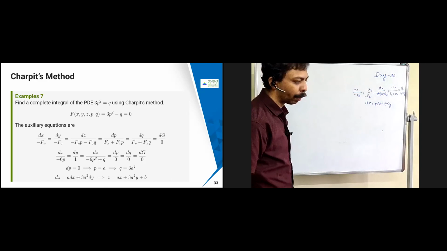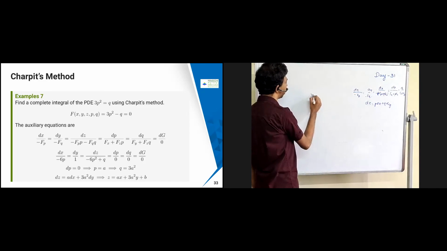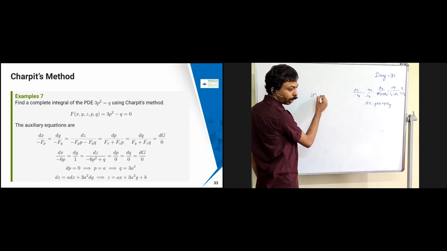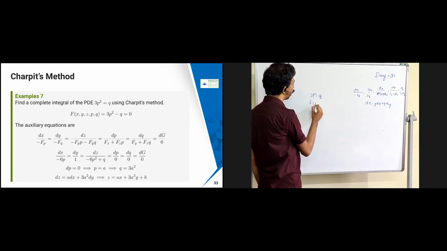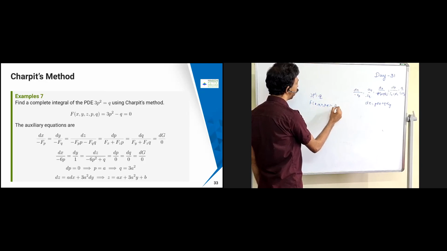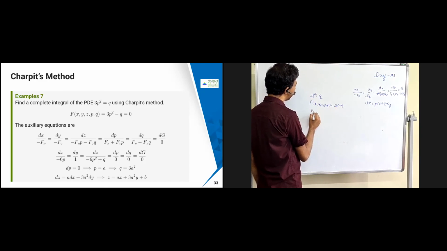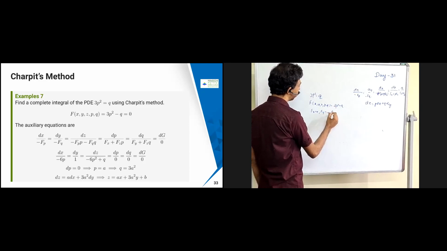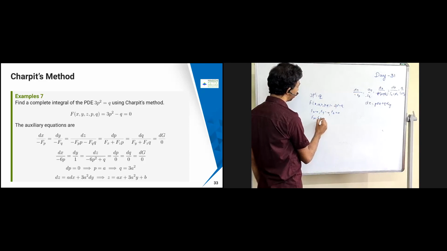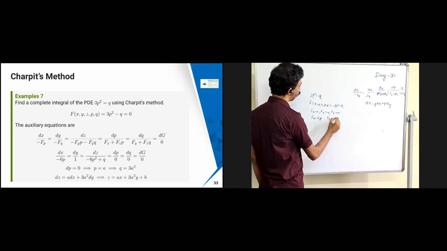So dx by minus fp. The problem is 3p square equal to q, right? So f of x, y, z, p, q is going to be 3p square minus q. What do you need to find? fx is 0, fy is 0, fz is 0, fp is 6p, fq is minus 1.